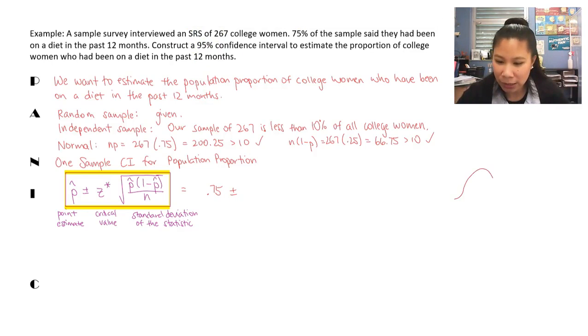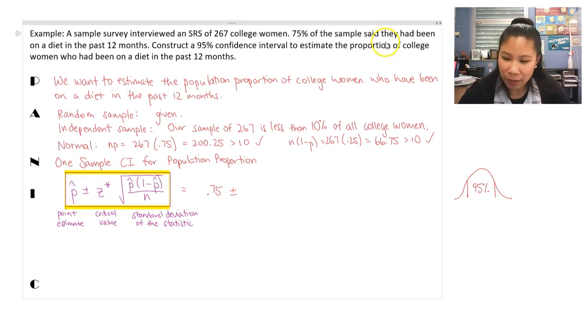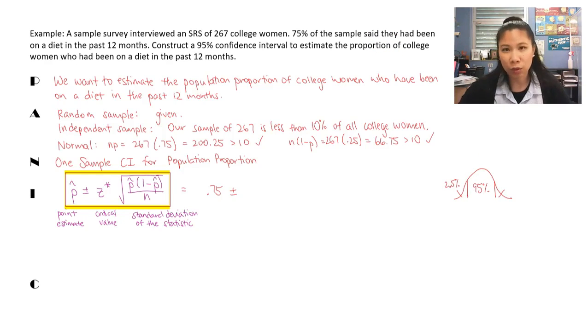If you want a 95% confidence interval, that means you want 95% of the area in the middle of the normal curve, which means on the outsides you want 5%. So on each side, that's 2.5%, or 0.025. The Z-score where 0.025 is on the left would be 1.96.